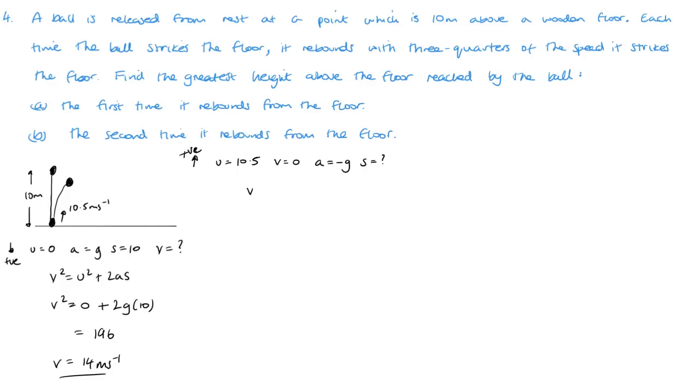So again, V squared equals U squared plus 2AS. V squared equals 0. 10.5 squared is 110.25 minus 19.6S.